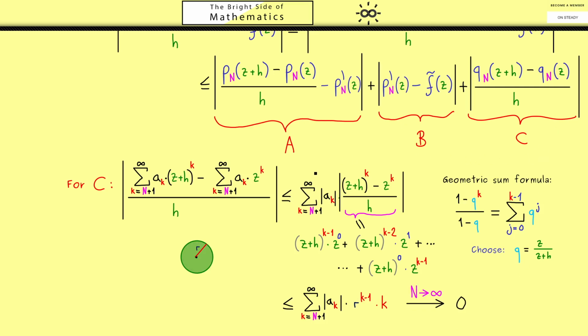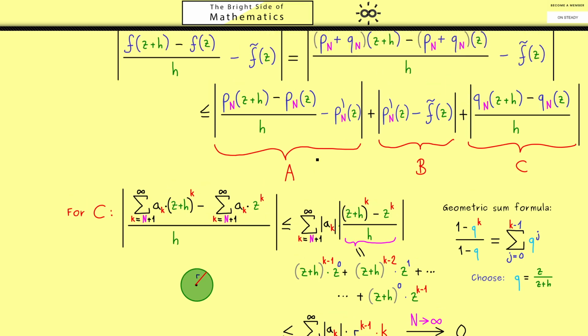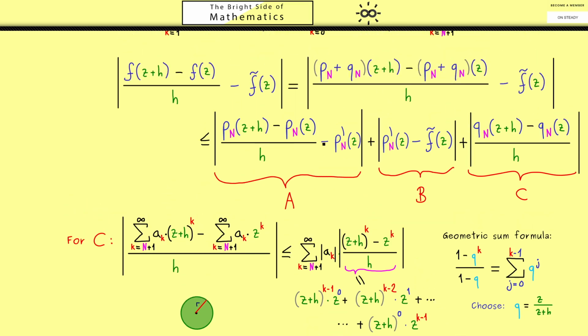To make it clearer, I would say, for the end of the video, let's go through the argument again. So we start with a fixed point z and a small h. Then I just give you an arbitrary epsilon greater than 0. And then you simply choose n so large that this part and this part are both smaller than epsilon.